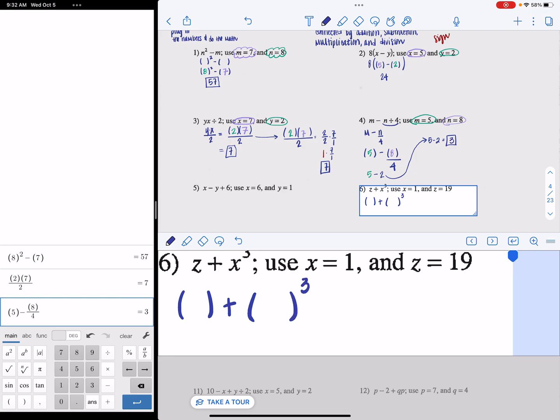Make sure that 3 stays on the outside of the parentheses for the x whole. Okay, so I'm going to fill in a 1 for my x whole and a 19 for the z.